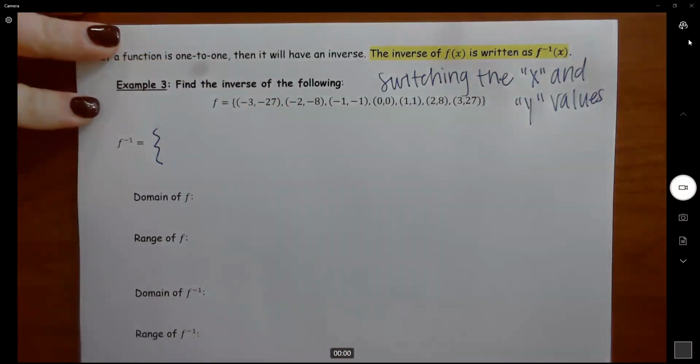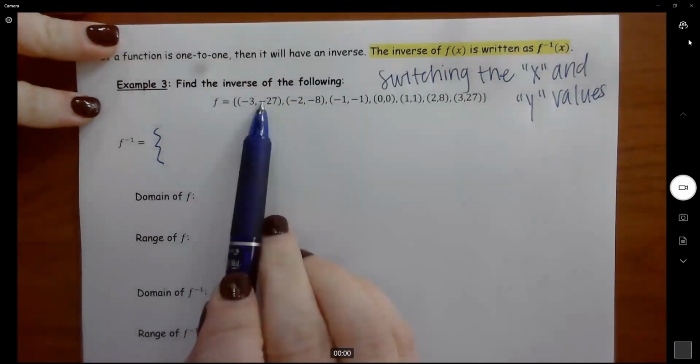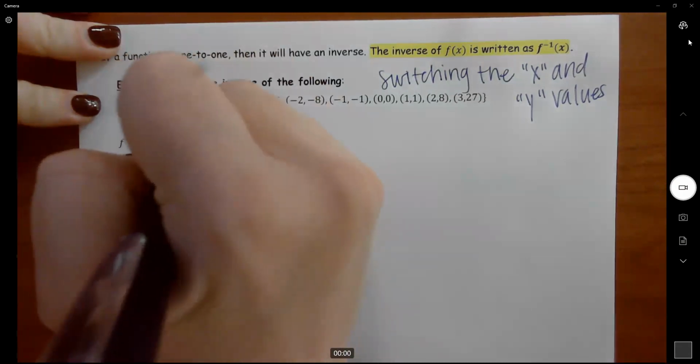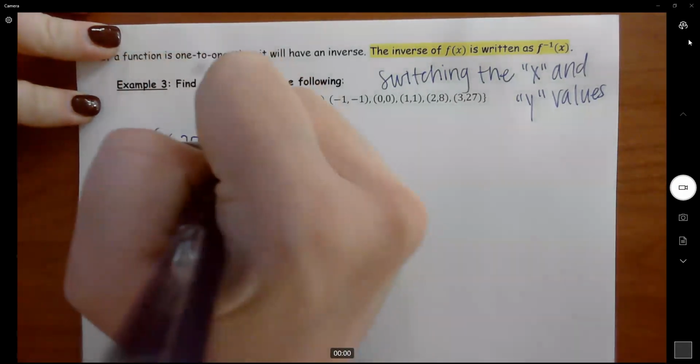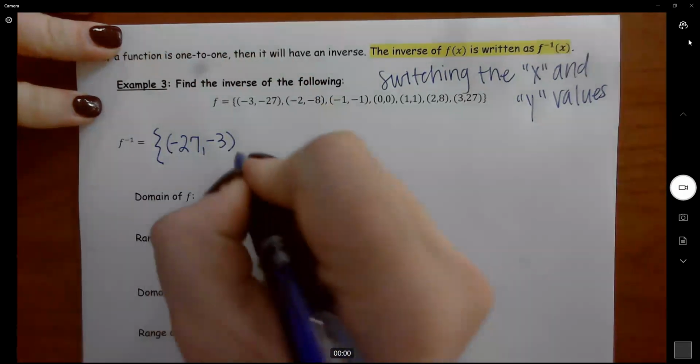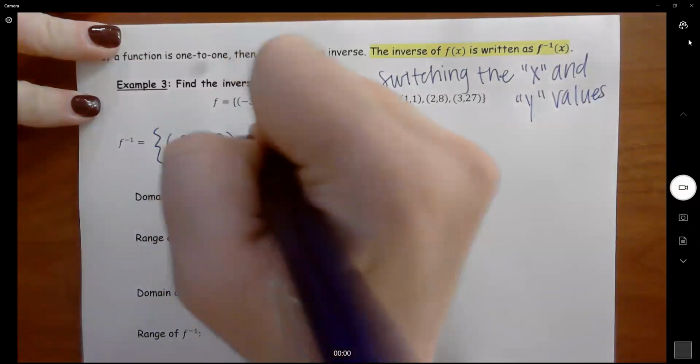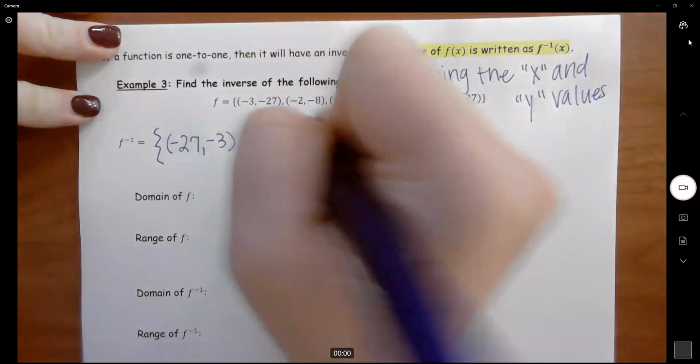So my squiggly bracket, switch your x and y. So instead of this being -3, -27, now this ordered pair is -27, -3. Instead of this ordered pair being -2, -8, it is now -8, -2.